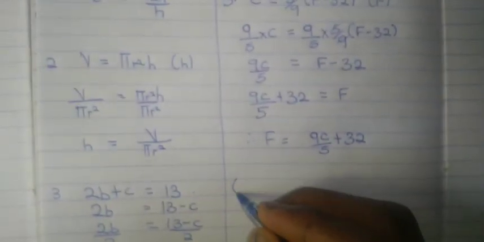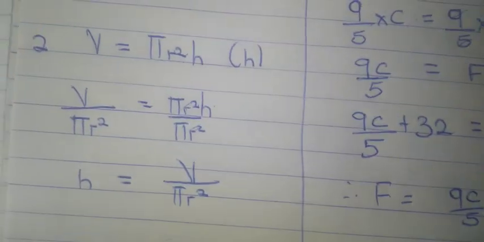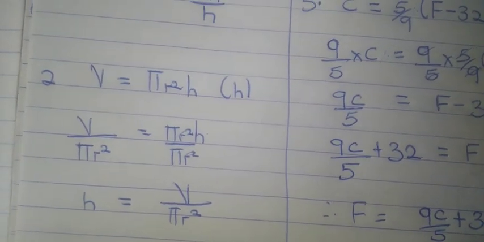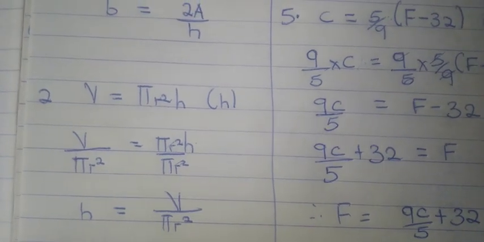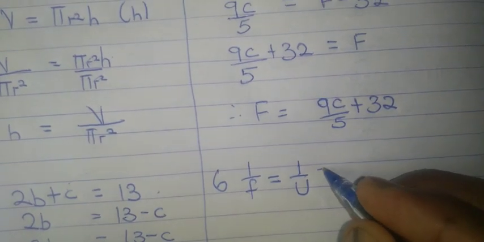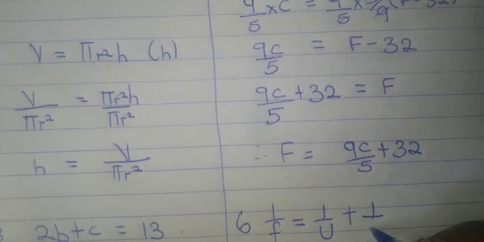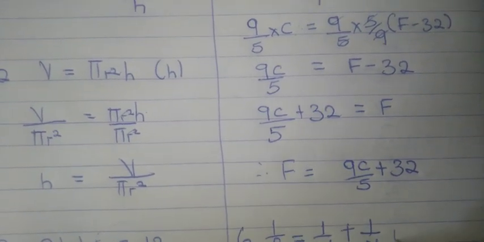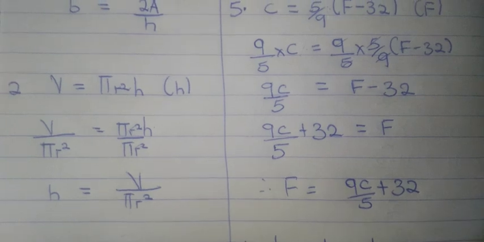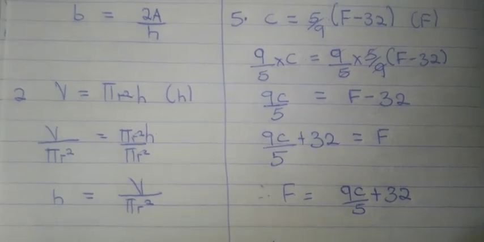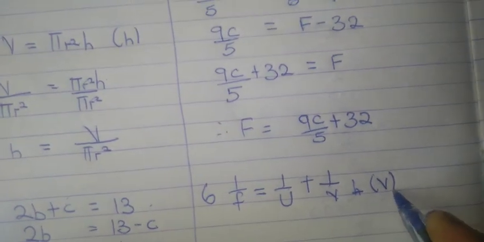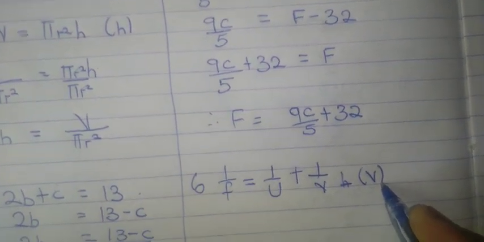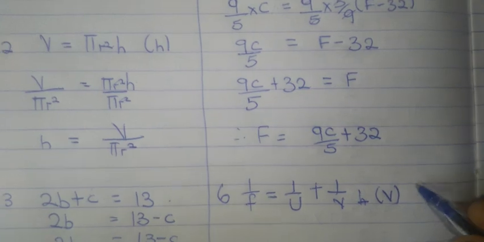So this time round, example 6, they want us to make V the subject of the formula given the expression 1 over F equals 1 over U plus 1 over V. What is indicated in bracket is what is required to be made the subject of the formula.